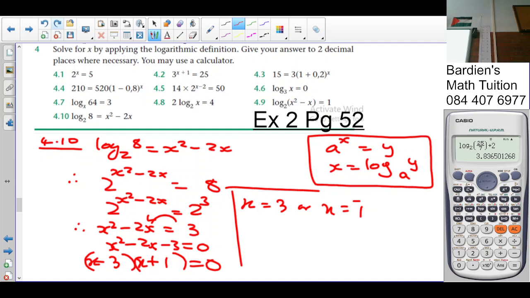Checking: log 8 base 2 is 3. If you put positive 3 in here, it's 3 squared, which is 9, minus 6, which is 3. So both work. Anything else? No, that is the last one.